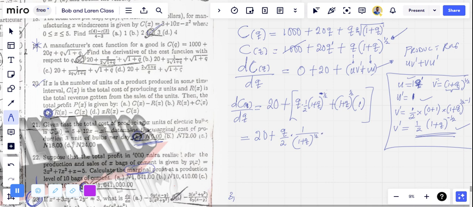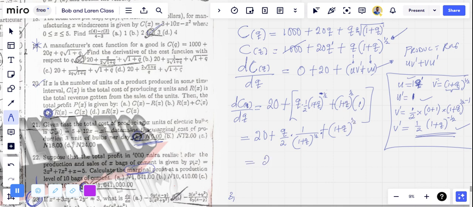So I'm trying to give a full explanation to it. That's why I'm doing it step by step. So for this one, I already have just 1 plus q raised to the power. Okay, sorry. I have 20 plus times this, I have all this result here. Then plus this third term that I have here, I will have it as 1 plus q to the power of half.